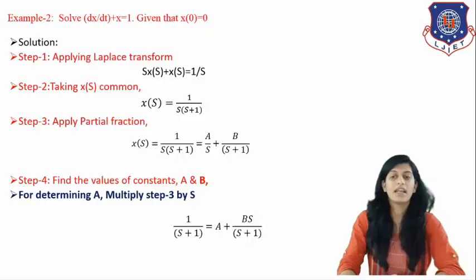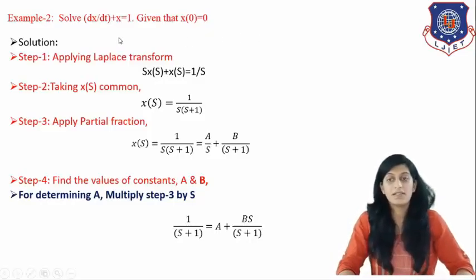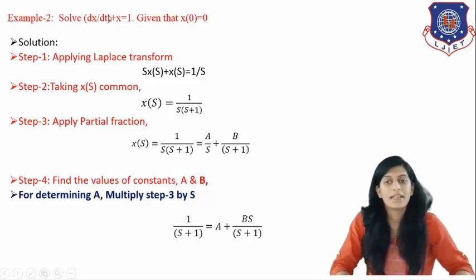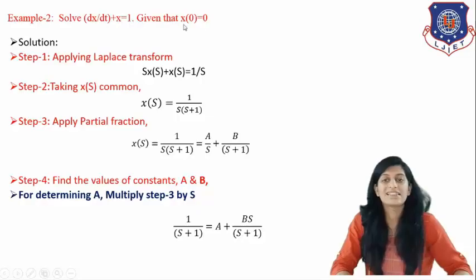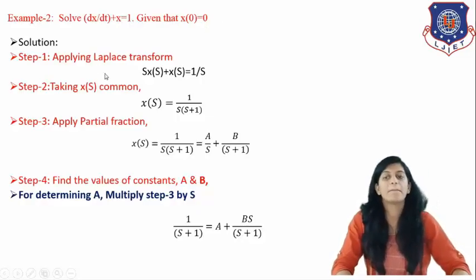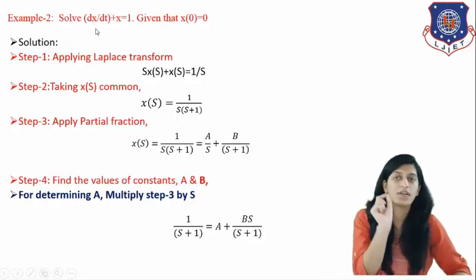Now let's solve another numerical, and this numerical, as you can see here, is solve dx by dt plus x equals to 1, given that x(0) equals to 0. So first we will be applying Laplace. So once you apply Laplace, this is a first order system.